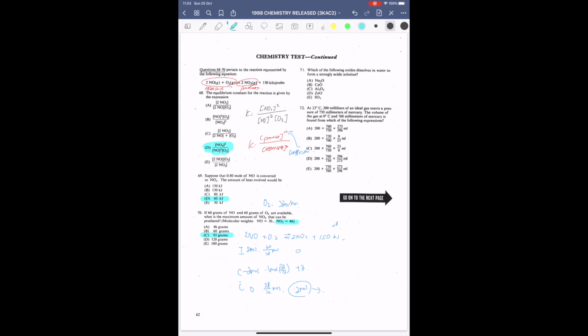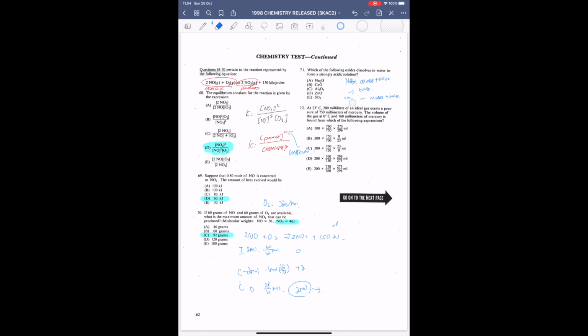C. 71. So in 71, you should note that metal oxides plus water equals a base, and non-metal oxides plus water equals an acid.